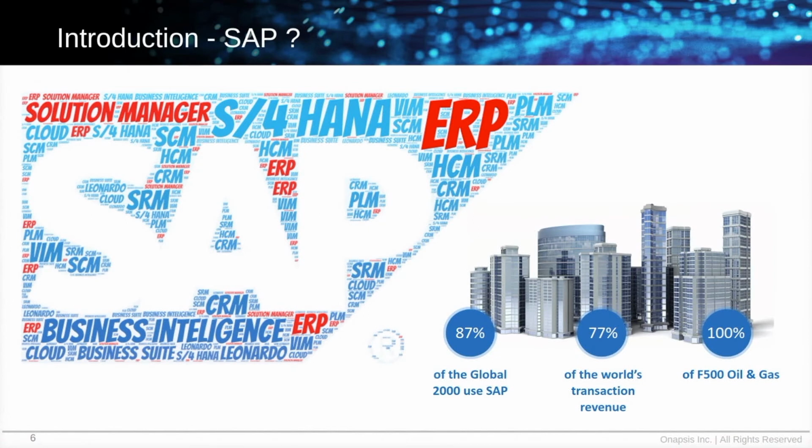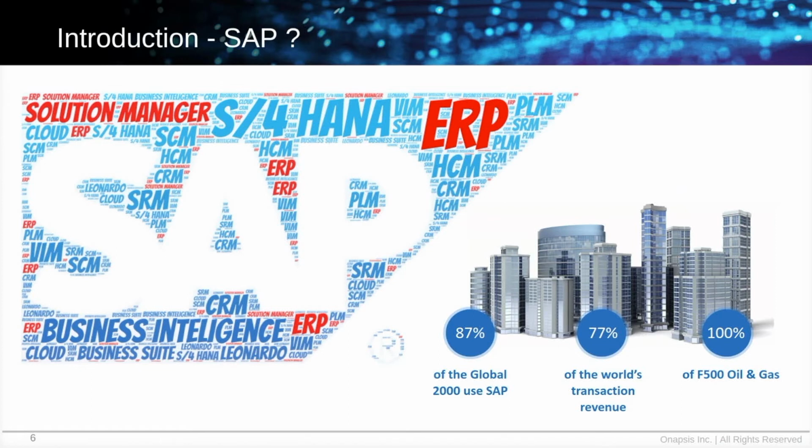What's SAP? So for sure, if you have ever discussed or talked about enterprise software, you already mentioned SAP once in your life. The reason to believe this is because SAP is one of the largest vendors, if not the largest one, in the world of enterprise software. On the left side of the slide, you can see some of the products of SAP, and you may recognize some of them.